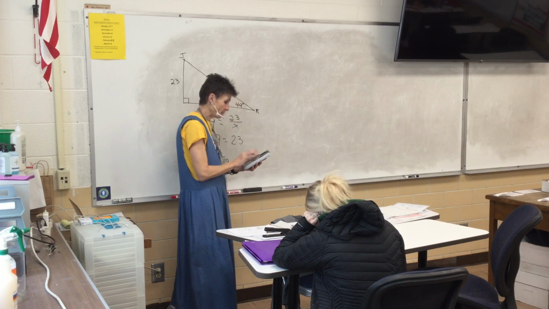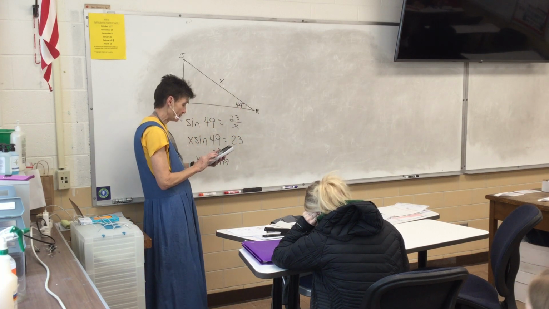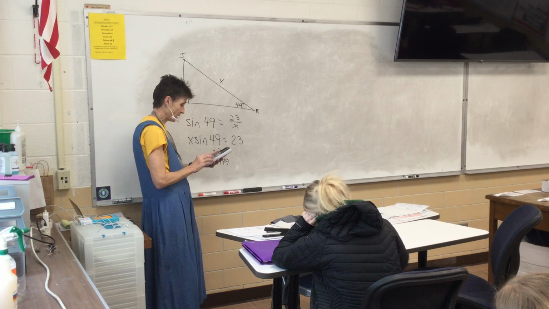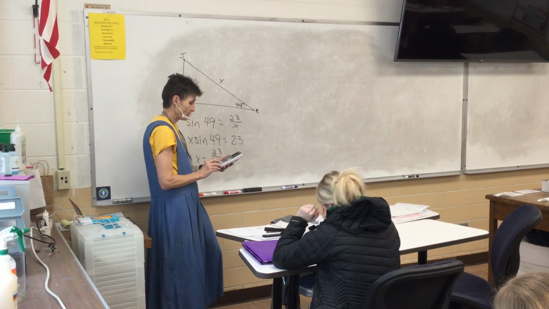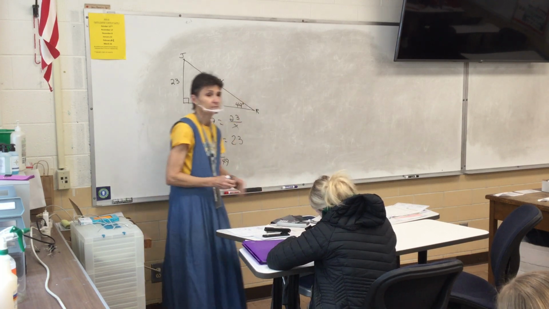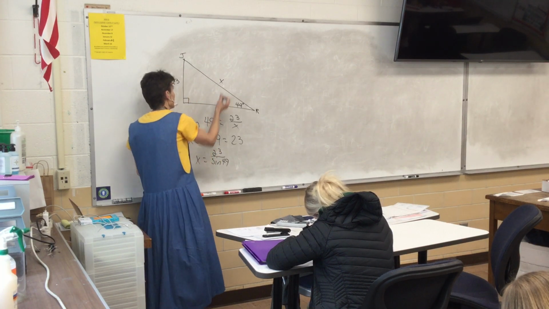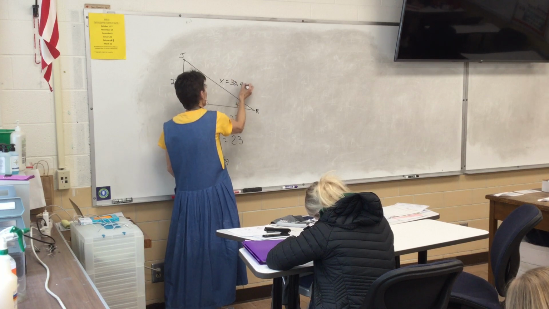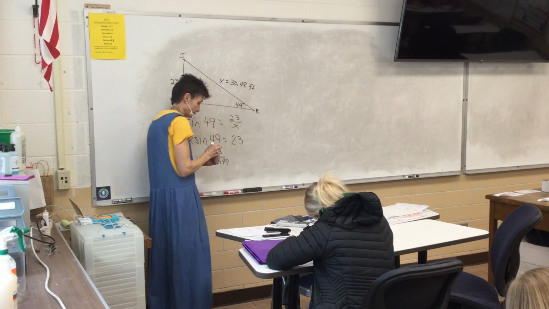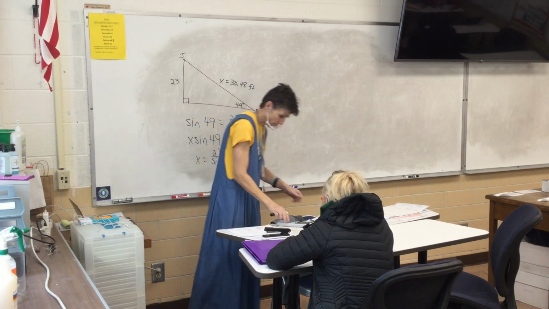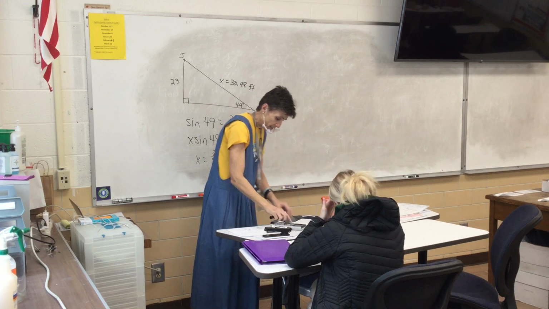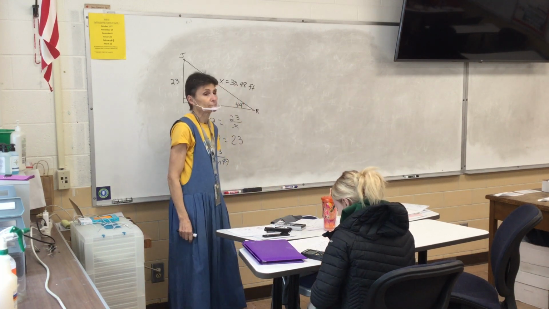Oops, we're going to type in 23 divided by sine 49, 30.48. Is that what you got? We'll put a unit on it. So 30.48 feet. Anybody have a question about that one?